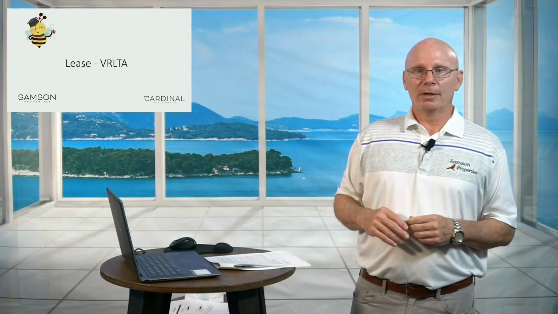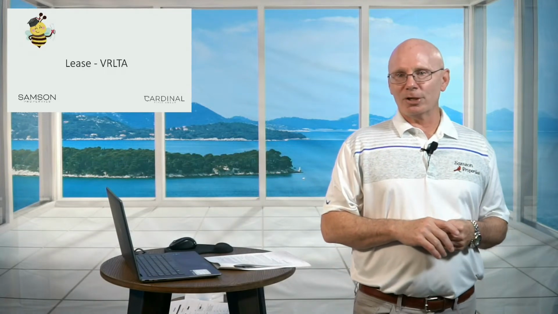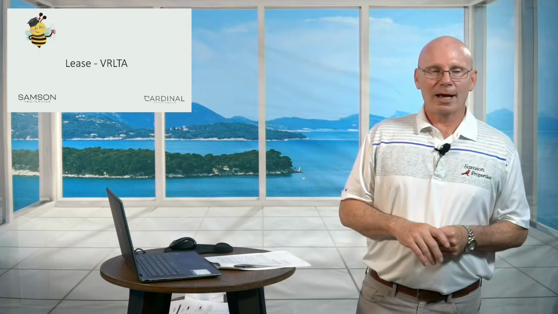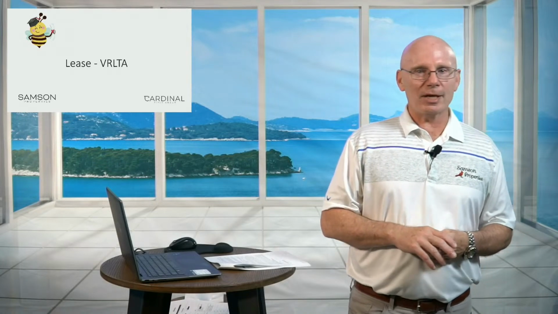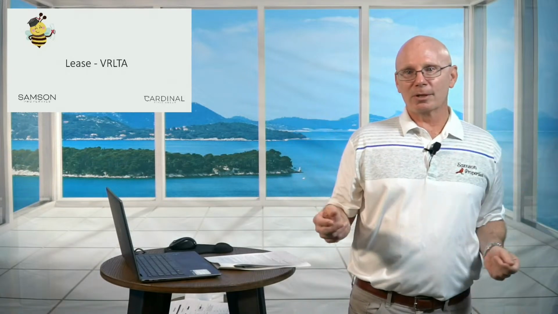I get an application in. I process it. I contact you as the tenant and I say, hey, your application looks good. The landlord has approved your application. 24 hours later, I get an email or a call from you and it says, hey, I forgot to tell you, I got 2 small ESA dogs, or I got 2 comfort dogs. Here's my proof. Here's my documents. I forgot to put that in my application.